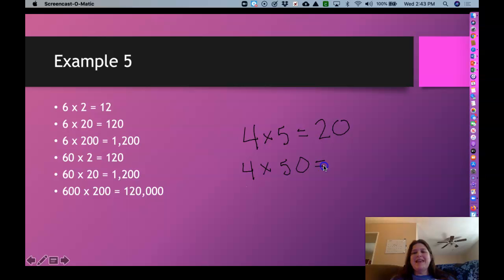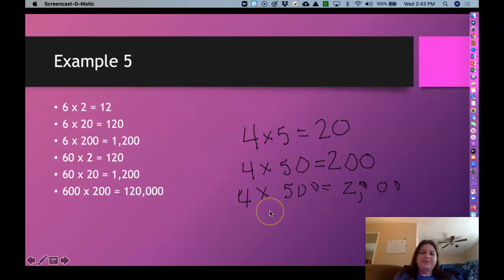The same as if we were doing over here, we find the product and then put a 0. So the product of 4 times 5 is 20. That does not count as a 0, so we need to put another 0 there. And so just like that, what if I did 4 times 500? We would need to do the 20 and then 2 more zeros to get 2,000. So that 0 there doesn't count as the one that we attach onto the end.